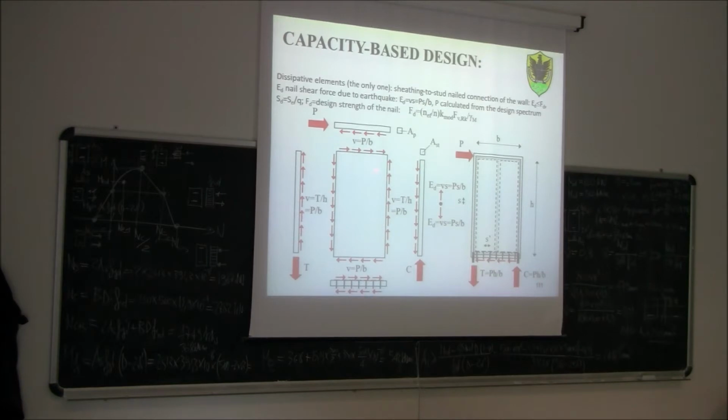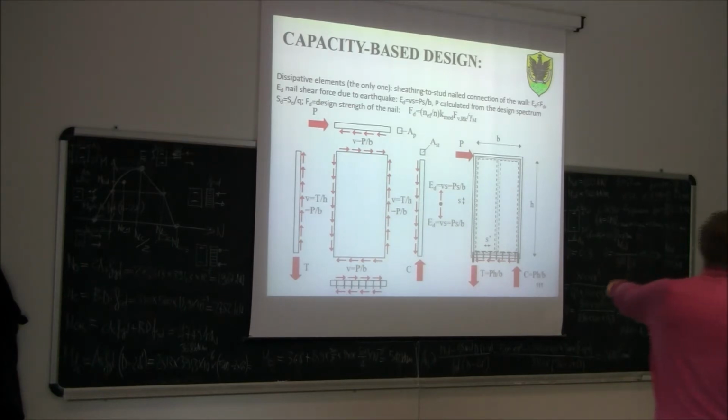So we said before that ED was calculated with this relationship, where P, the horizontal force, is calculated from the design spectrum as the elastic spectrum divided by Q. Once we have designed the nail, we reassess the strength of the nail with this formulation here. We multiply Fd by the overstrength factor, gamma_Rd, which is 1.6.